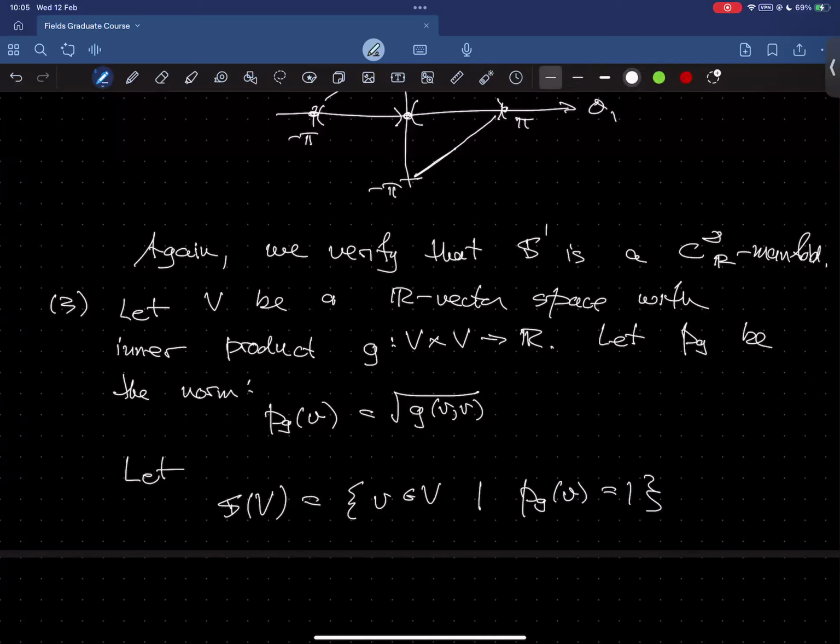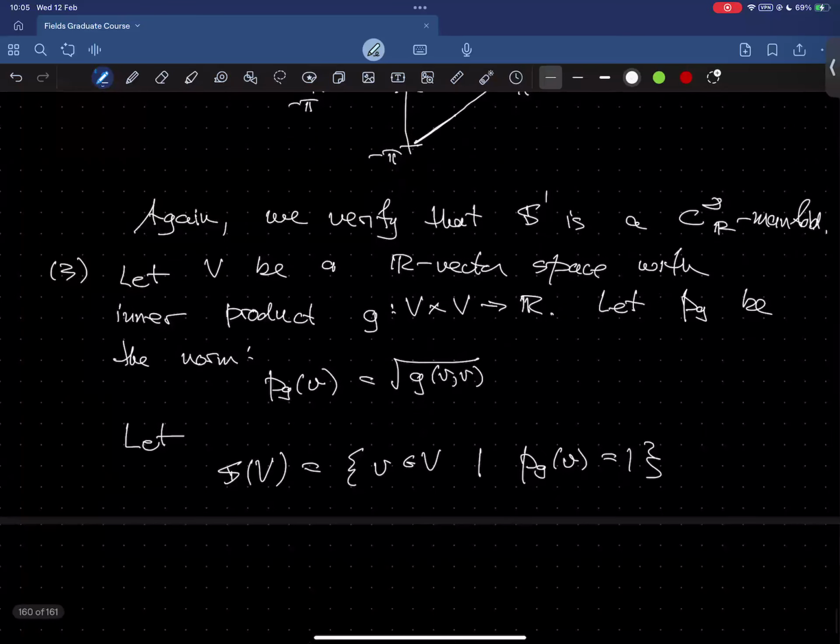I've made no assumptions about V being finite dimensional. If V is finite dimensional, let's say V is n dimensional, then this will be the n-1 dimensional sphere. In particular, if V is two-dimensional, this will be a circle, which we just talked about. But we want to now think about an example where possibly the thing is infinite dimensional.